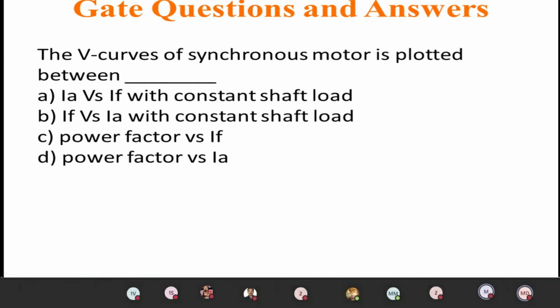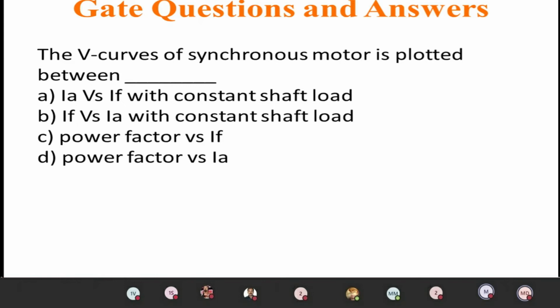It is the only load that can operate at different power factors, because an induction motor runs only at lagging power factor. The synchronous motor can operate at lagging, leading, and unity power factor.